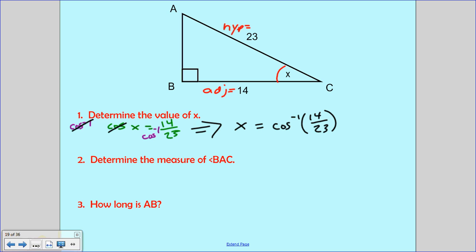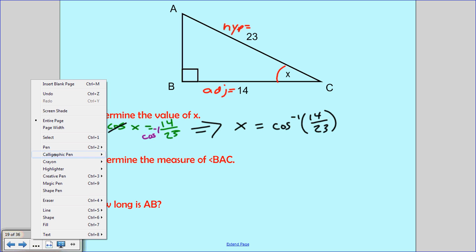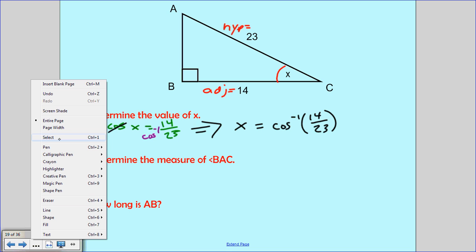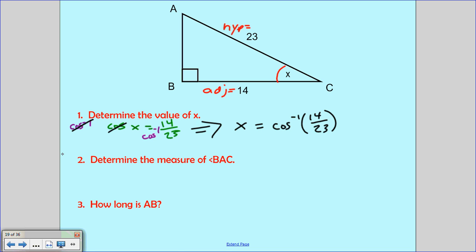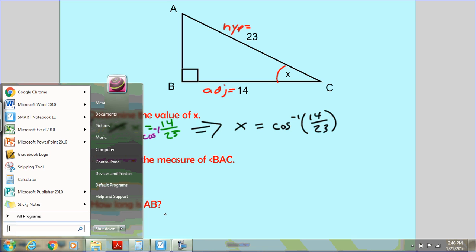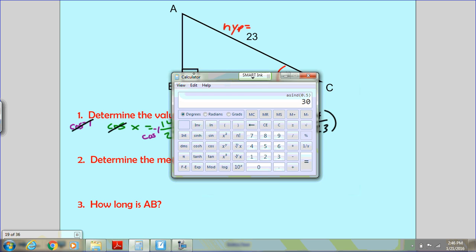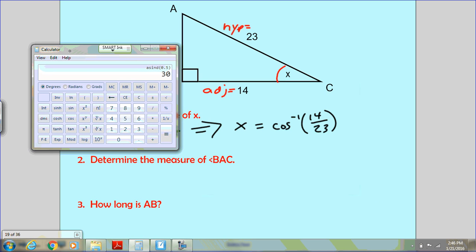But since I don't have the TI-83 to demonstrate for you right now, I'm going to use the standard scientific calculator on the computer. On the standard calculator, you have to do things in stages. So the first stage is find 14 divided by 23.